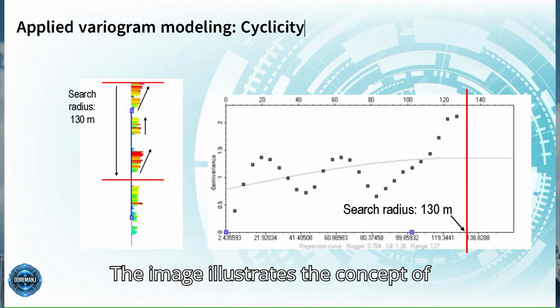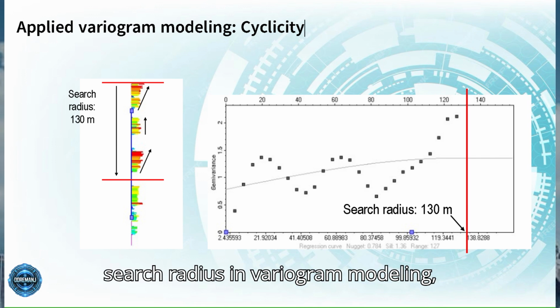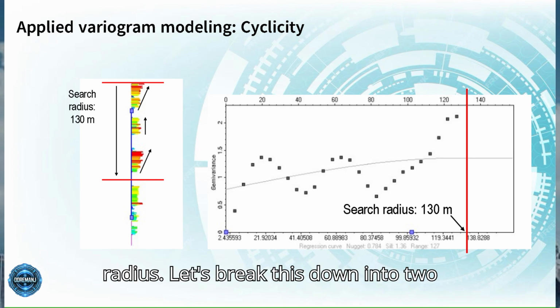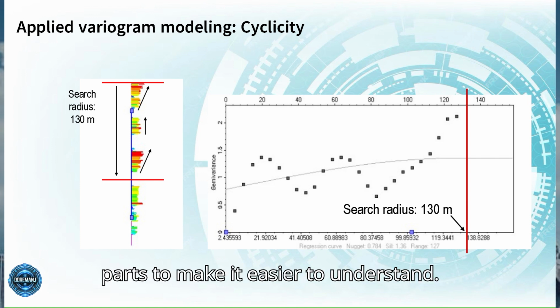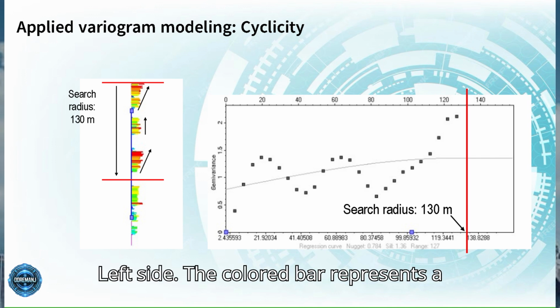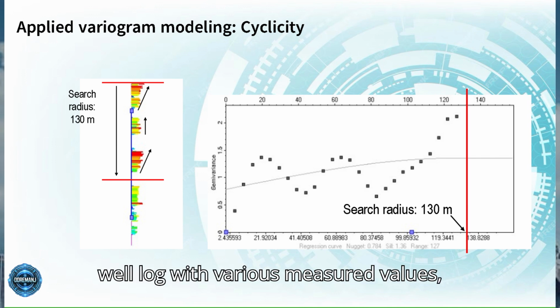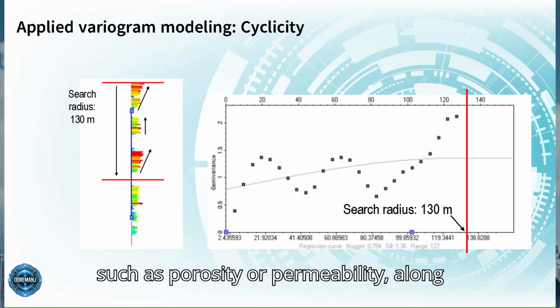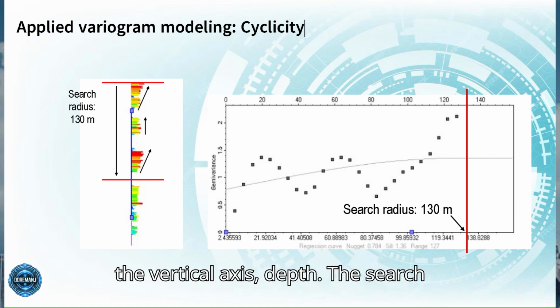The image illustrates the concept of search radius in variogram modeling, where 130 meters is a defined search radius. Let's break this down into 2 parts to make it easier to understand. Left side. The colored bar represents a well log with various measured values, such as porosity or permeability, along the vertical axis, depth.